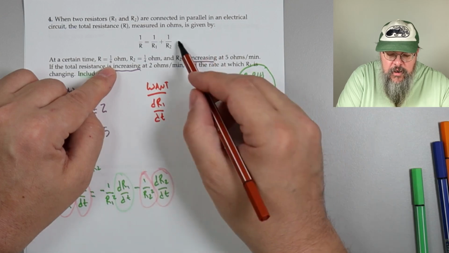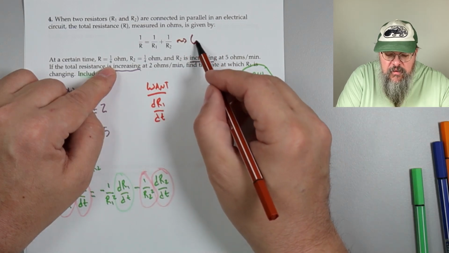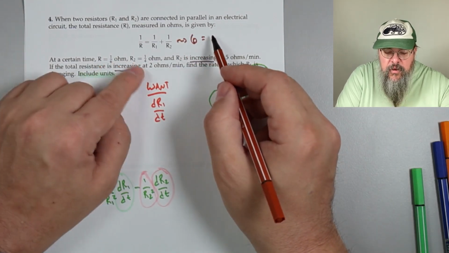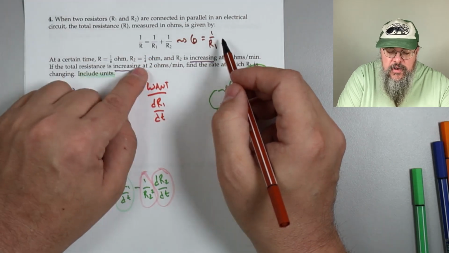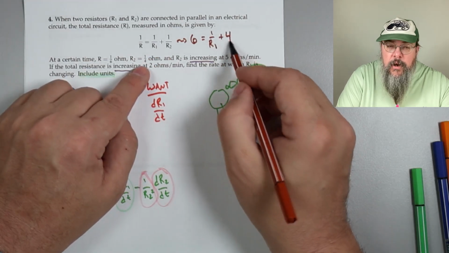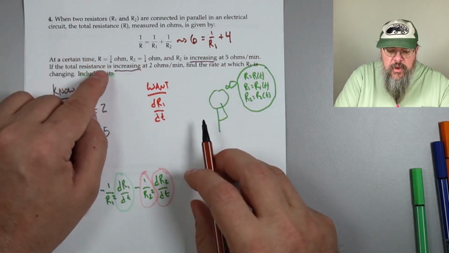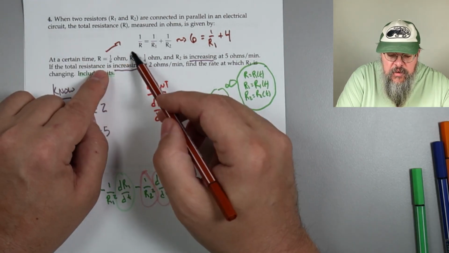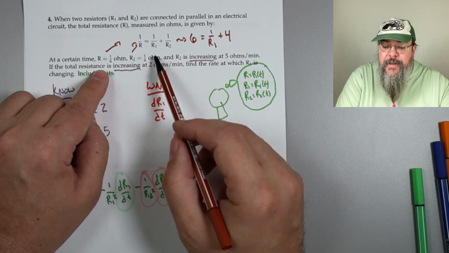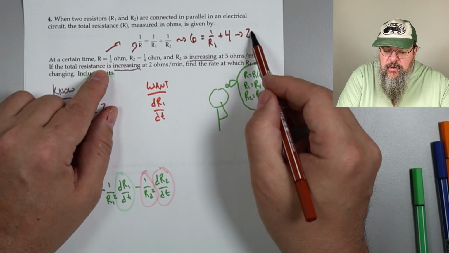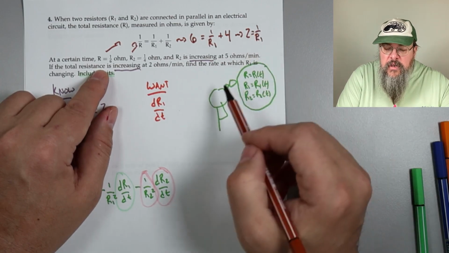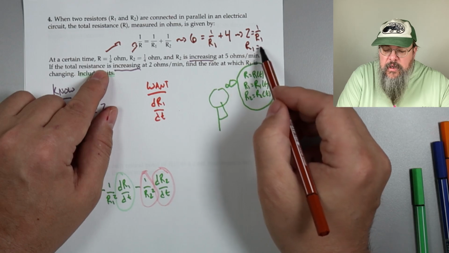So 1 over r is 6 equals 1 over r1, which we don't know, and then 1 over r2 would be 4. So we're plugging this into our relationship to solve for r1. So you can subtract 4. So that says 2 is 1 over r1, or r1 is 1/2.